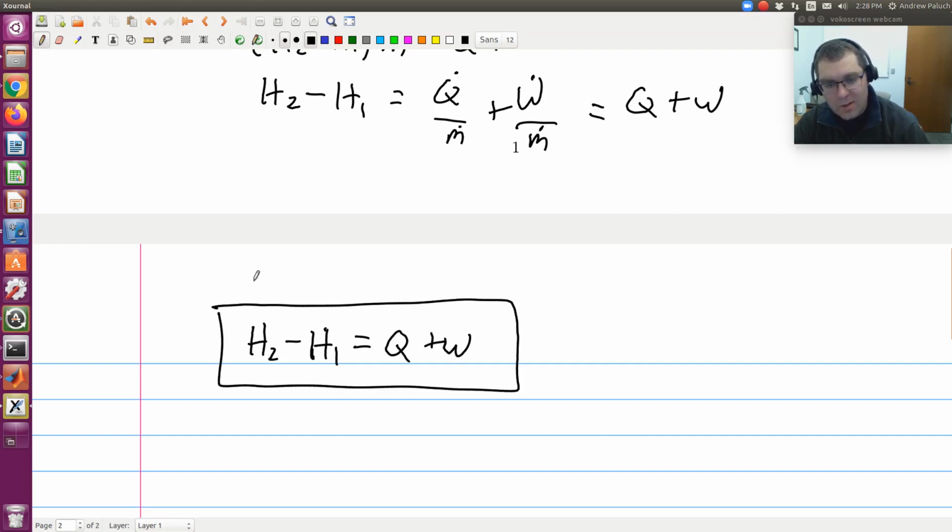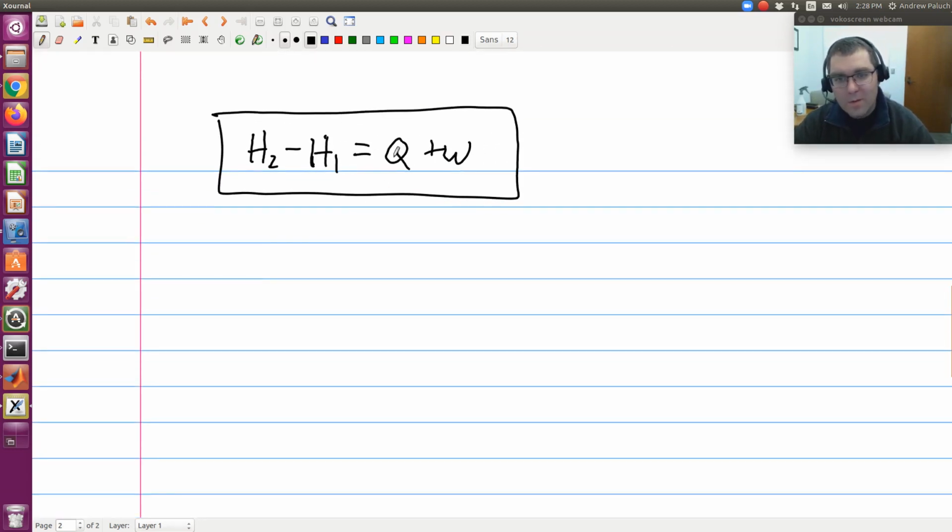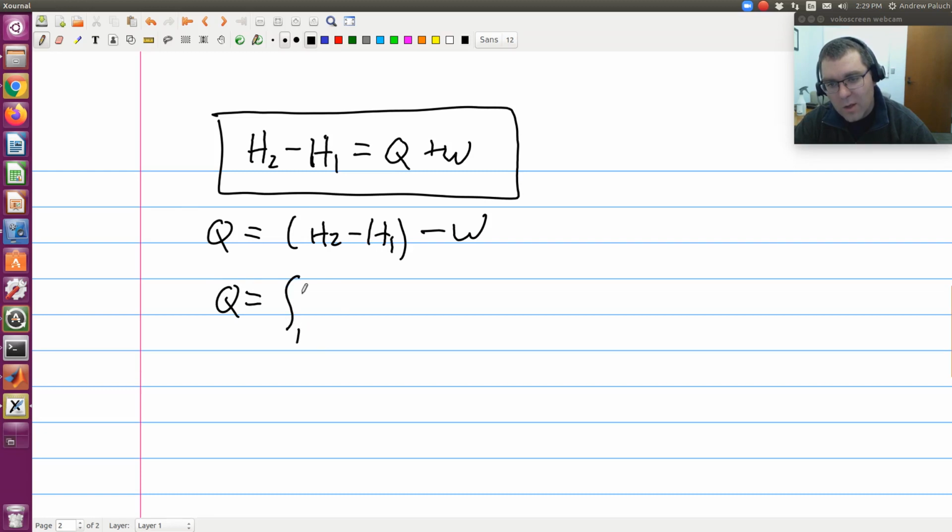Okay, fantastic. Now let's compute for the problem at hand. In this problem, we're asked to solve for Q. So solving for Q, I get Q is equal to H2 minus H1, and then minus W. We're told we have an ideal gas, and so for an ideal gas, H2 minus H1, or delta H, is equal to the integral from my initial to final state of Cp dT, and that'll be minus W. So Cp, we're given a value of the constant pressure heat capacity, and it's constant.